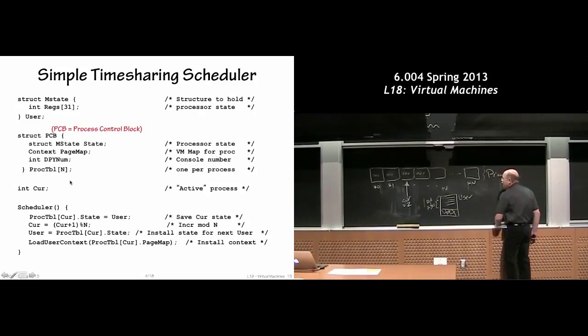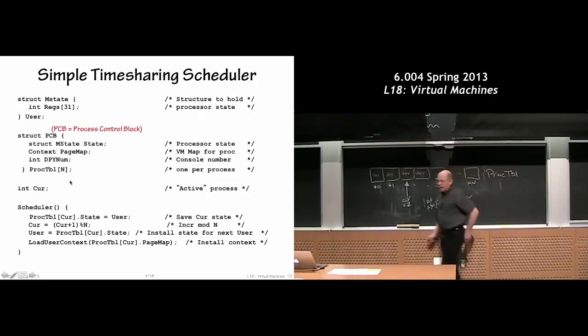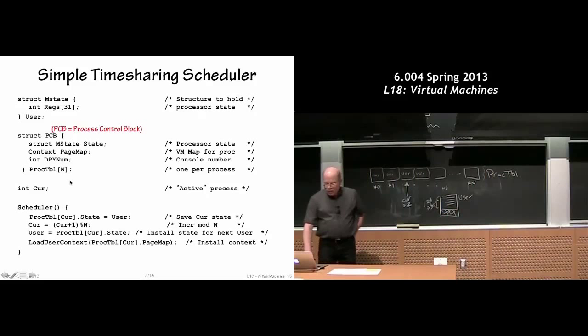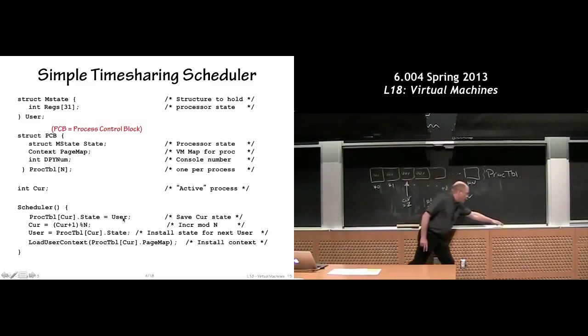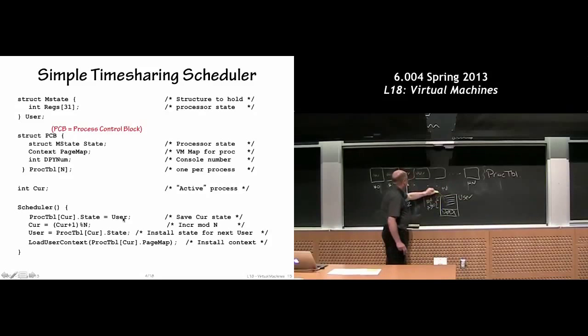Okay. So proc table is an array of all these structures, and you can see the way the scheduler works is it takes the place where the interrupt handler stored all the user registers and simply copies it into the current process. So it says, aha, I'm going to take all these registers that I saved away when I got the clock interrupt and put down here in the kernel memory.